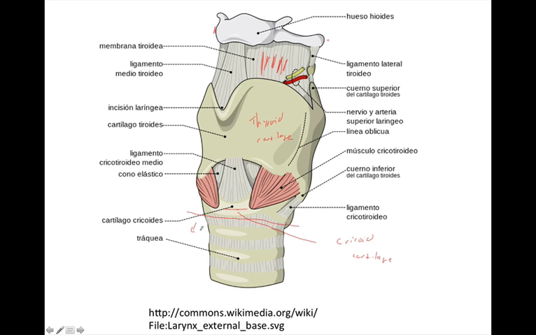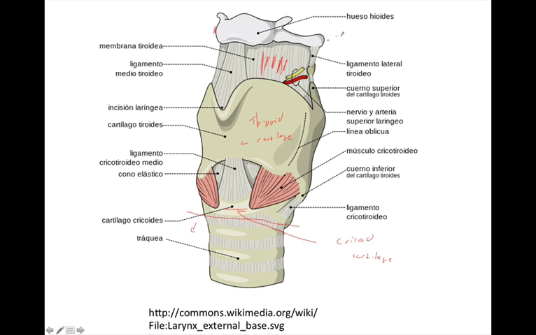Now, like I said, depending on who's teaching you this stuff, it's really not important that you memorize every last piece of cartilage in here. There's a few that are really important, like the thyroid cartilage, and basically the cricoid cartilage, because that's essentially where the upper division of your respiratory system ends.